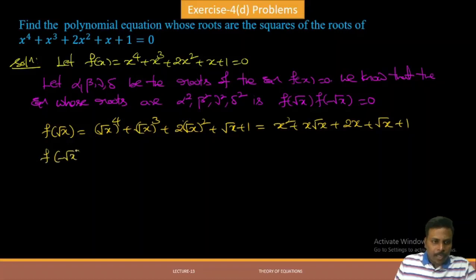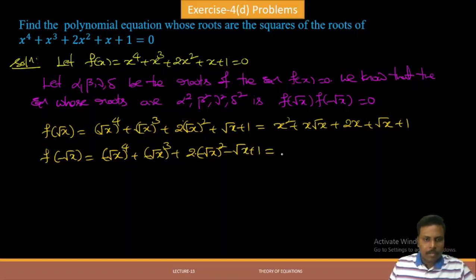Now let us find out f of minus root x. Minus root x whole to the power 4 plus minus root x whole cube plus 2 into minus root x whole square minus root x plus 1 is equal to x square minus x into root x plus 2x minus root x plus 1.